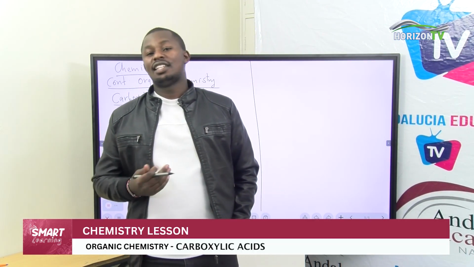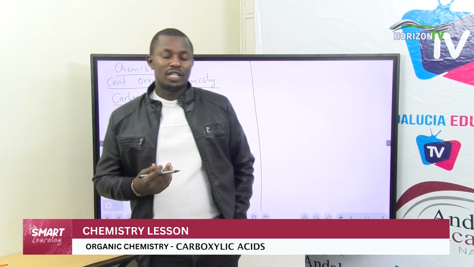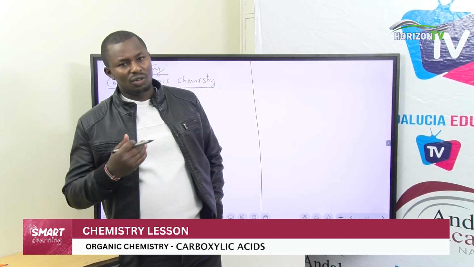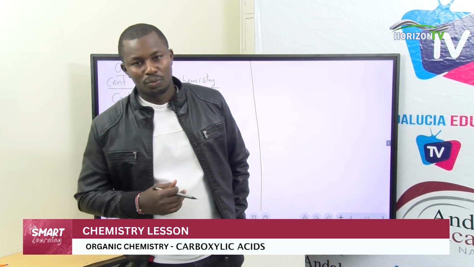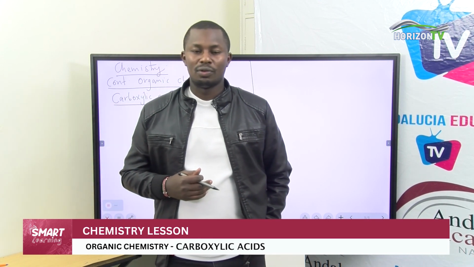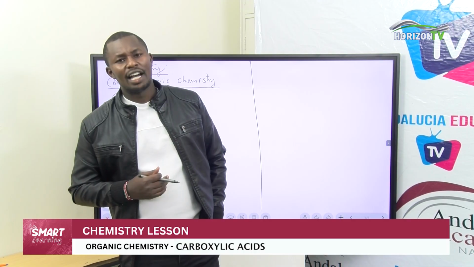Carboxylic acids are actually weak acids. They are just weak acids that have a pH of about 3 to 5. They are called weak acids because they don't fully ionize to produce as many hydrogen ions as possible, but they partially ionize to produce a few hydrogen ions.